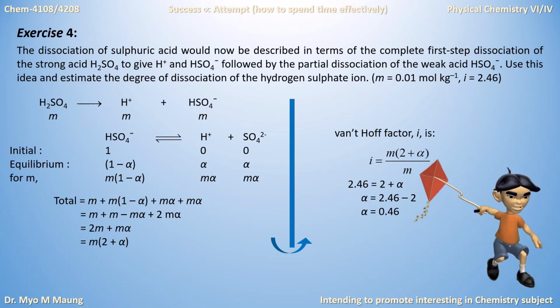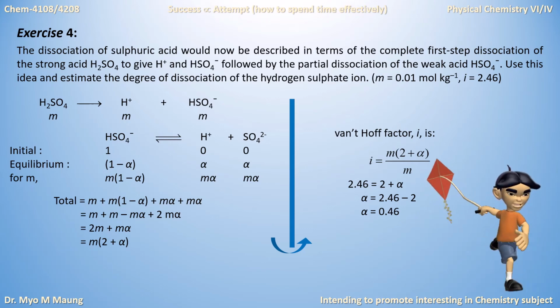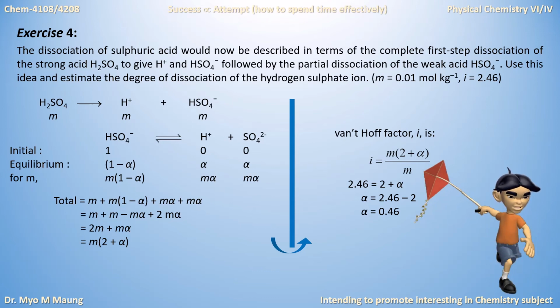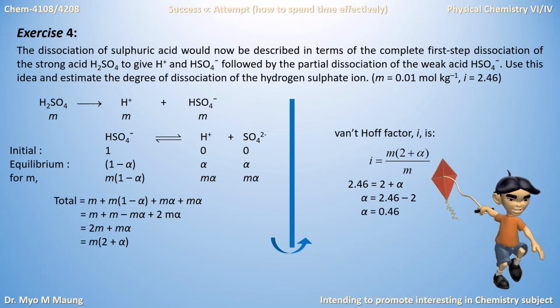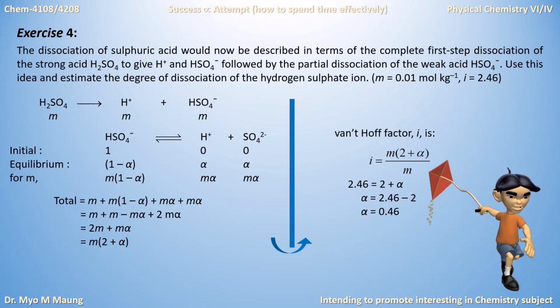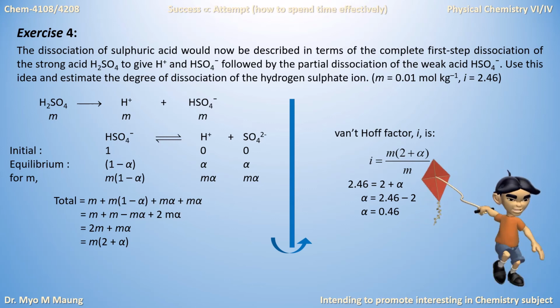Here, we do notice that sulfuric acid is a strong electrolyte. So, first, it completely dissociates into H+ ion and HSO4- ion. And the HSO4- ion is a weak acid. Then, the HSO4- ion partially dissociates into hydrogen cation plus sulfate anion.